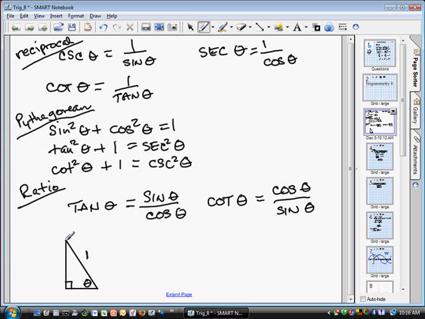If this was right on the circle, then this coordinate down here would be the cosine, not the sine.